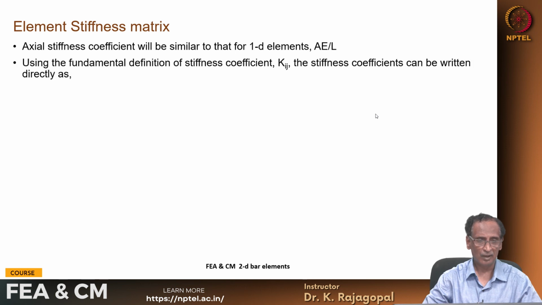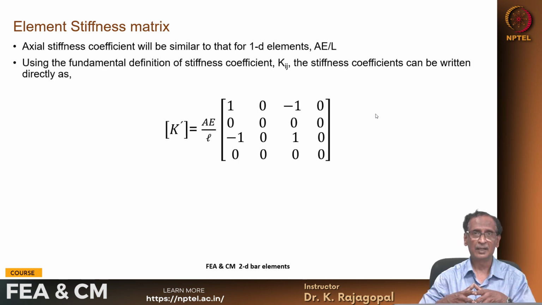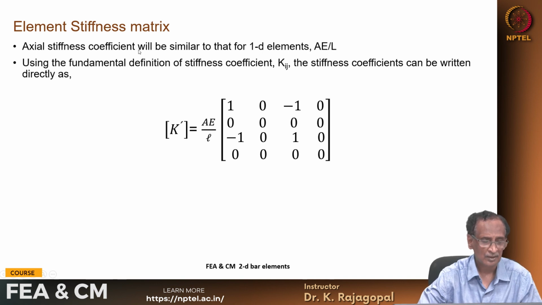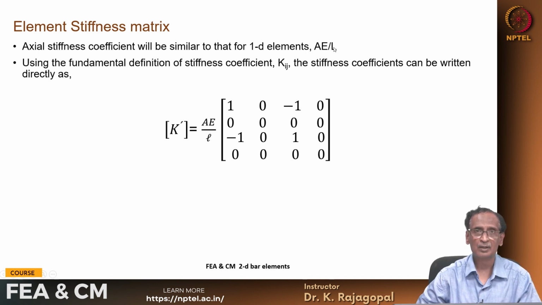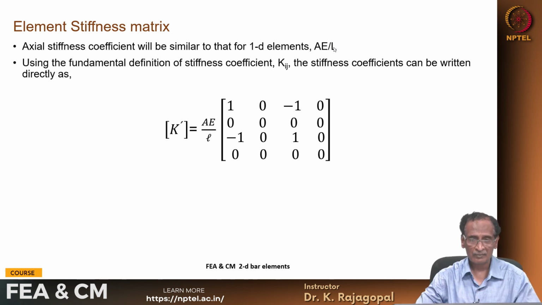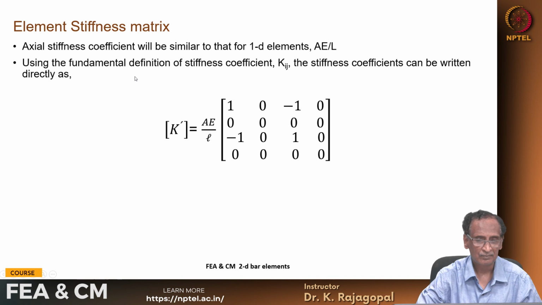Let's form these equations at the element level, and for that we require the element stiffness matrix. Let us say that our stiffness coefficient is AE by L, because we are saying that this element can only support axial forces, so AE by L is the axial stiffness. Using our fundamental definitions of Kij, we can directly write the stiffness matrix in the element coordinates, K prime, as AE by L times 1 0 minus 1 0 and so on.